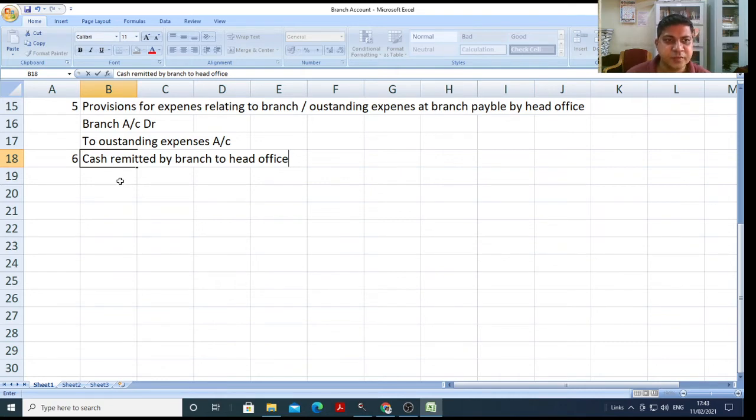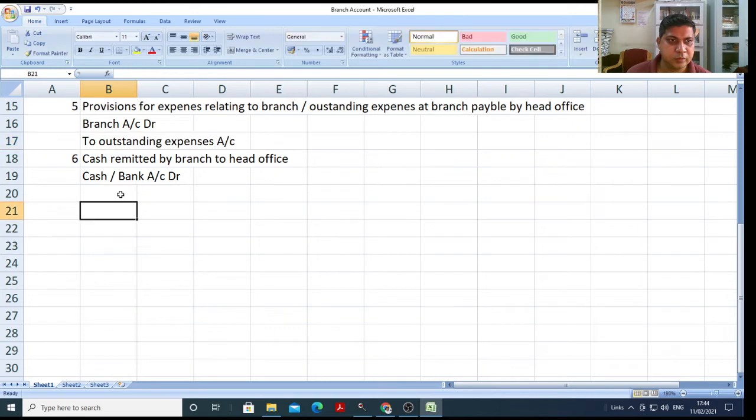Cash paid by branch to head office. So cash or bank account debit to branch account. The cash comes in from the branch, so cash account debit to branch account.